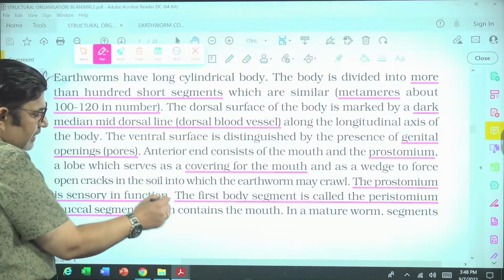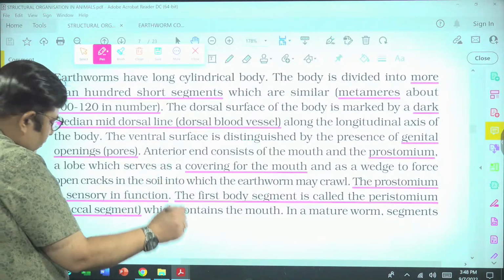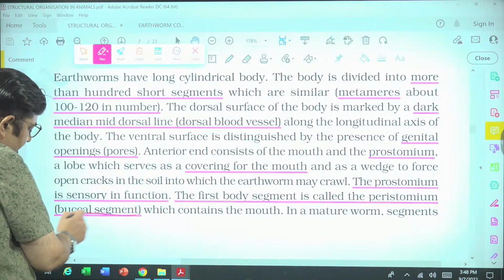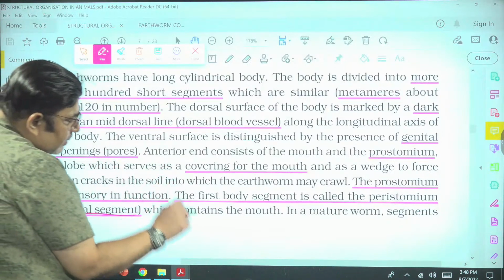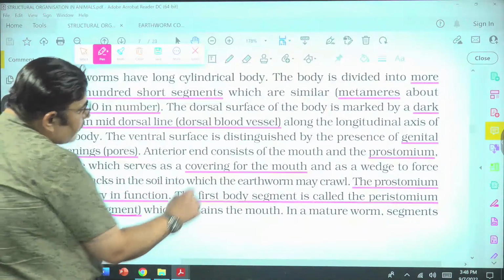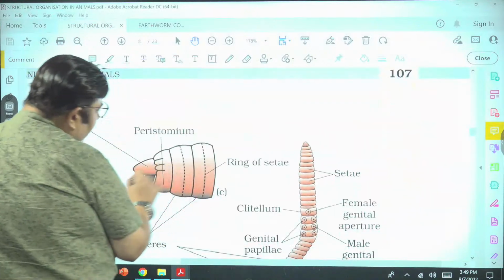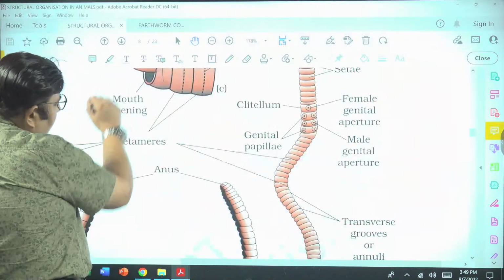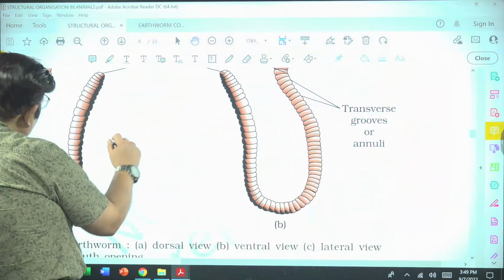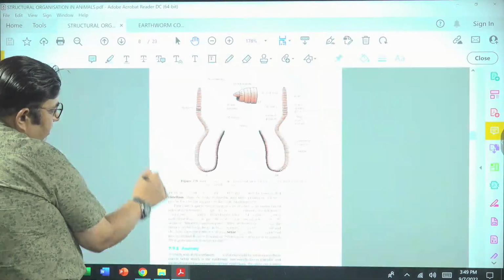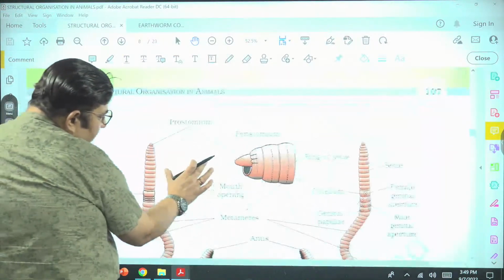The first body segment is called peristomium, which is a buccal segment, which contains the mouth. Now this is a real textbook diagram.